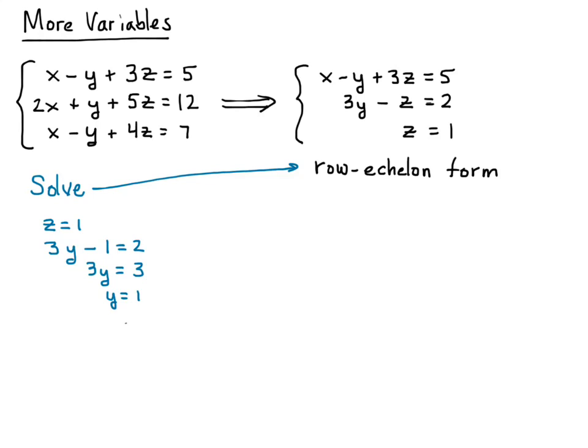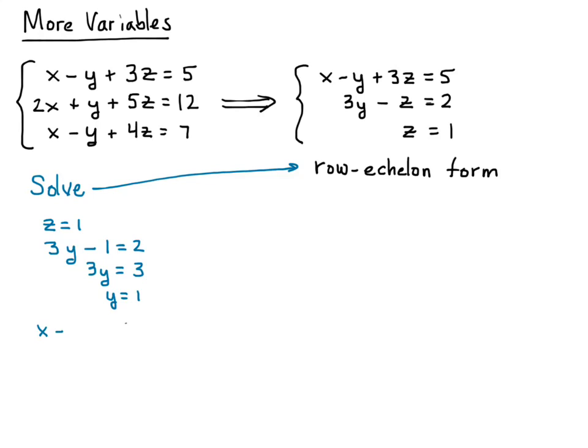That second equation, 3y minus z equals 2, I know what z is, so I'll put the 1 in there. So I have 3y minus 1 equals 2, simplify to 3y equals 3, y equals 1. So now I have 2 of my 3 variables: z equals 1 and y equals 1.